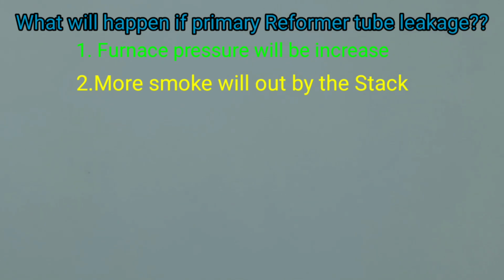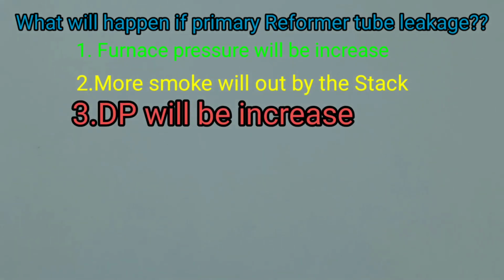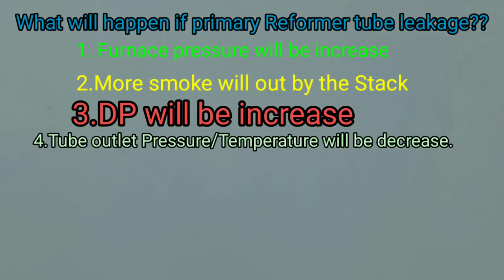This reforming side has a stack, so more smoke will come out of the stack. Another answer you can give is that delta P will increase, so the primary reformer delta P will also increase. Another thing you can tell is that tube outlet pressure and temperature will decrease. These 4 or 5 answers you can give.